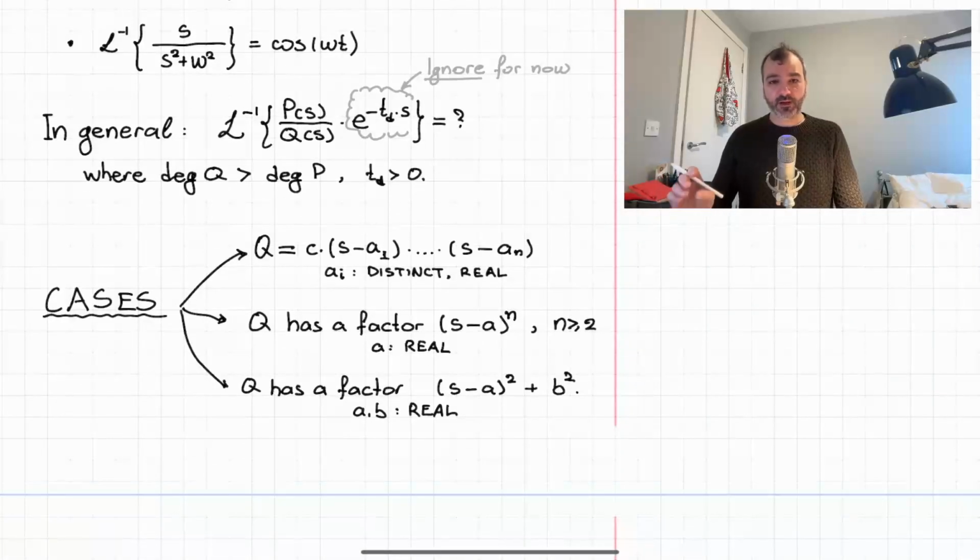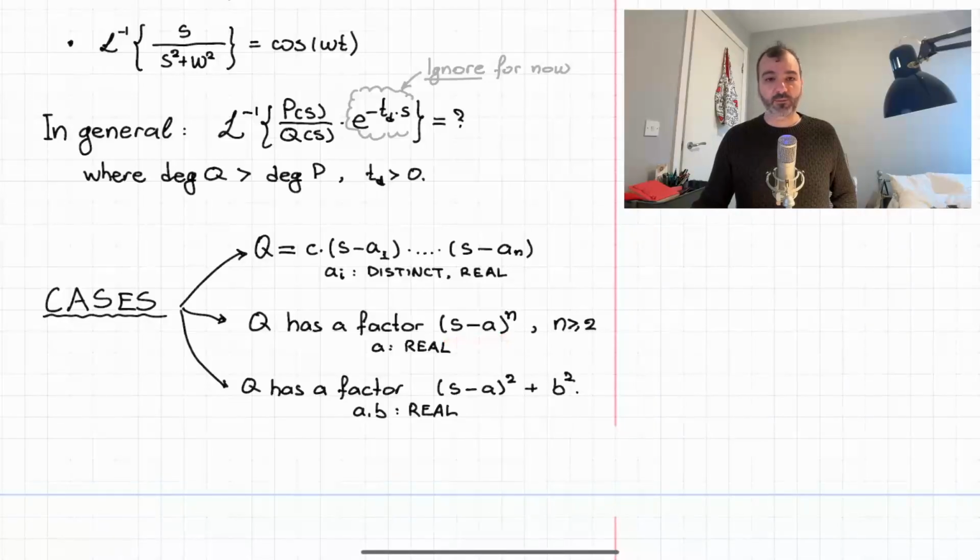Now we identify three different cases when it comes to determining the inverse Laplace transform. Case number one is where the polynomial q in the denominator has, let's say, n many distinct, different from one another, real roots. And these roots are actually called the poles of this function. So this is one case. The second case is where q has a factor of the form s minus a real number, to the power n.